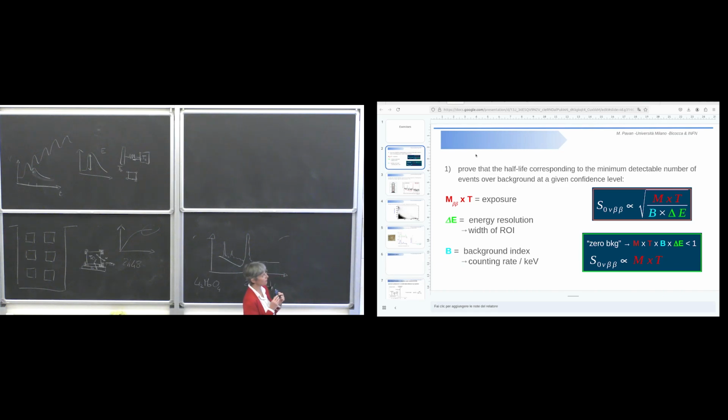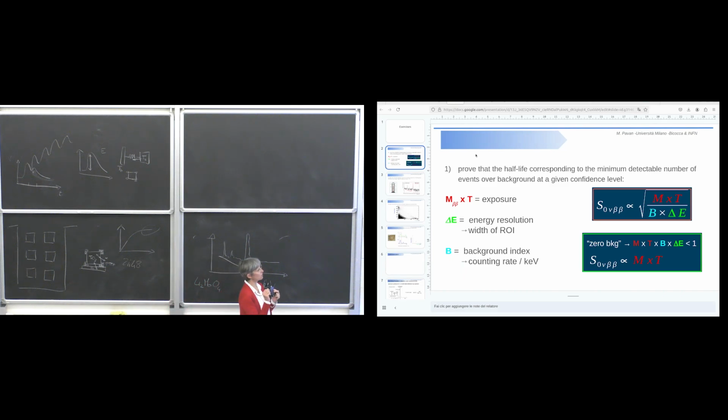The first one is the one that is used in the case of non-zero background. That means when you expect to see a statistically high number of counts in the energy region of interest.